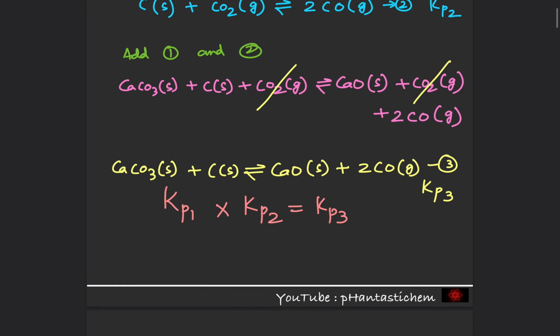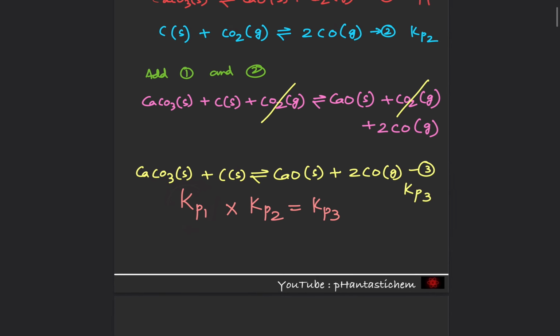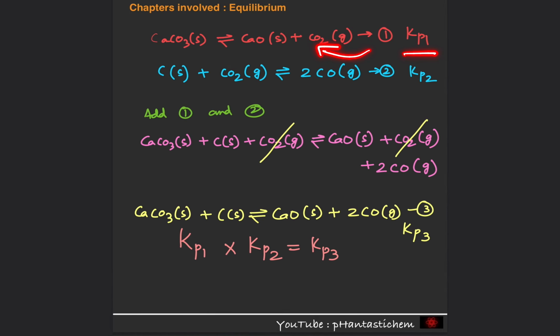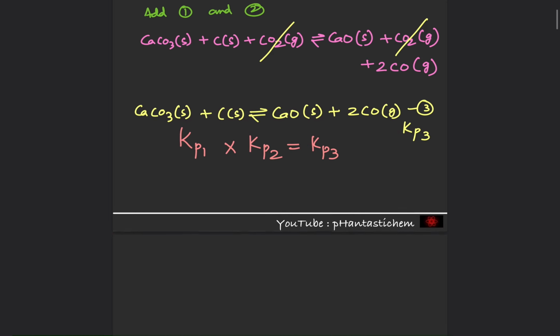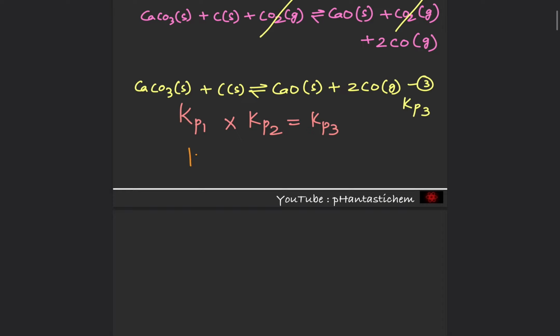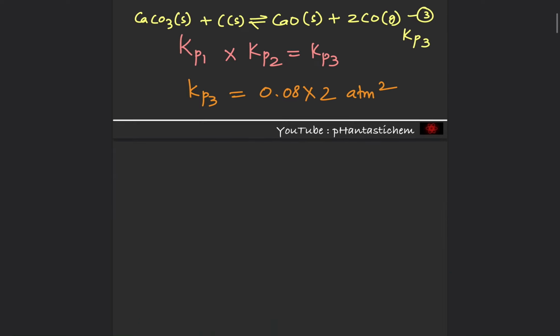To verify this, you can write down their individual equilibrium constants: Kp1 for this reaction, Kp2 for this reaction, Kp3 for this reaction, and then you can verify. So therefore Kp3 will be equal to 0.08, it is given to us, and 2, and the unit will be atmosphere square. So therefore Kp3 will be 0.16 atmosphere square.